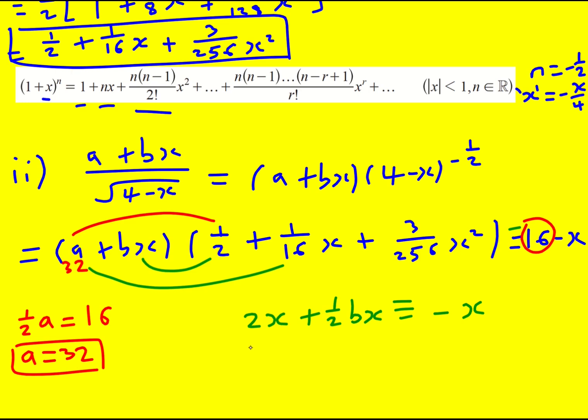So I can get rid of the x's now and just deal with the constants. That's going to be minus 1. So half b is going to be identical to minus 3. If I times through by 2, I can see that b is minus 6. Nice one.